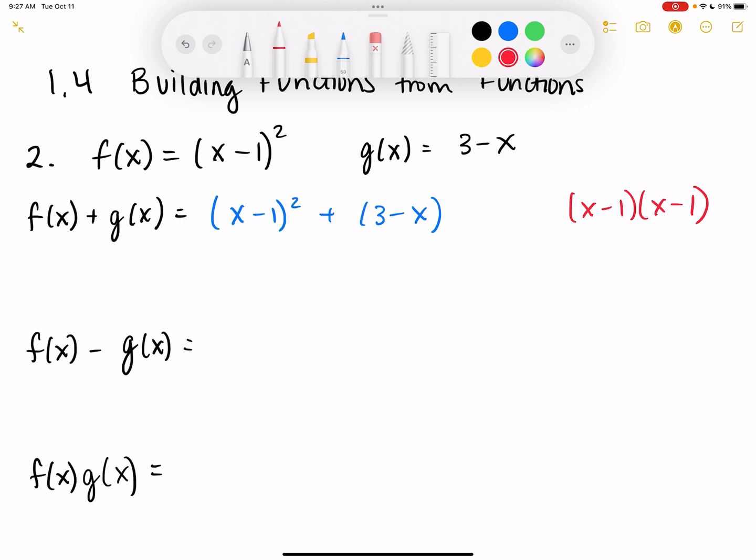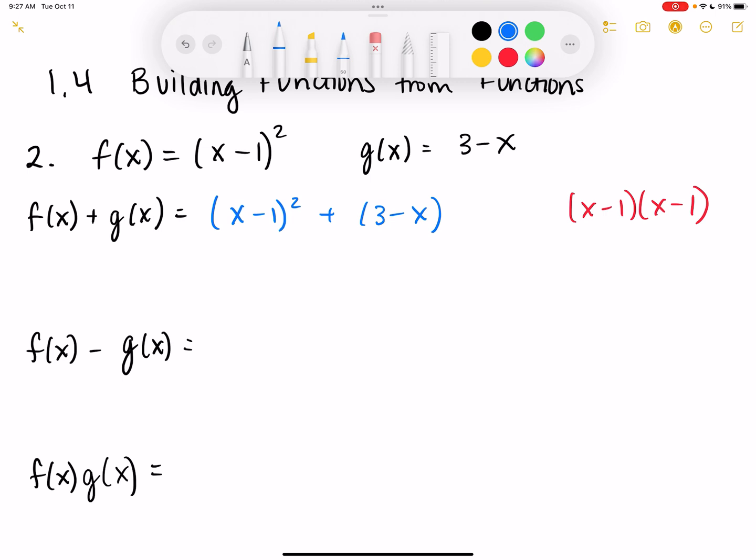But it's a special type, so what is it? I'm not asking you to tell me what type it is. I'm asking you to tell me what it becomes. So x squared minus 2x plus 1. Plus 3 minus x.